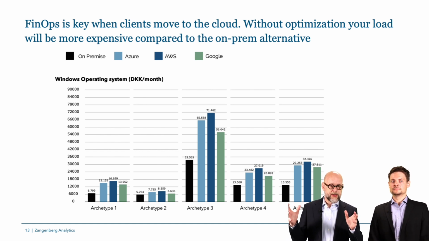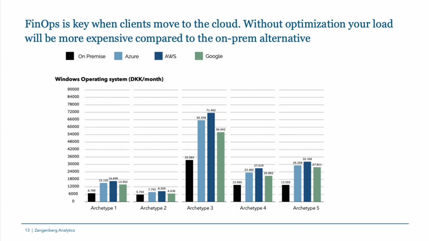What this graph shows is that if you're on a Windows operating system in this quarter, because this changes over time, it will in almost all cases become more expensive to move to the cloud in a one-to-one move.